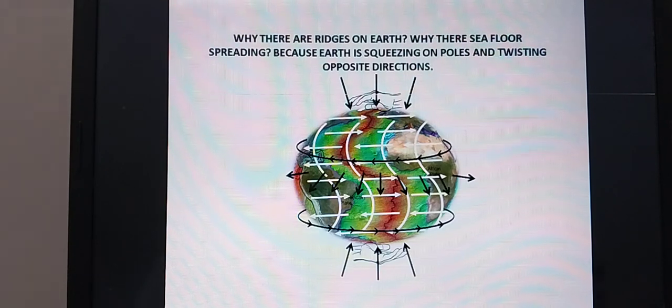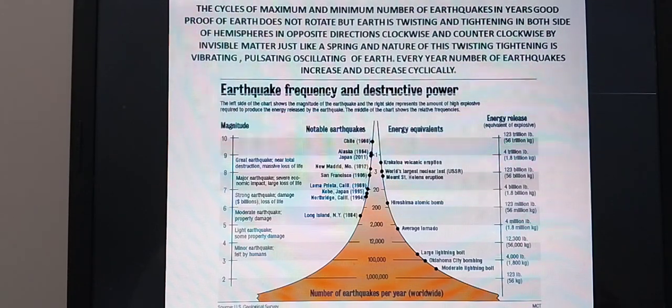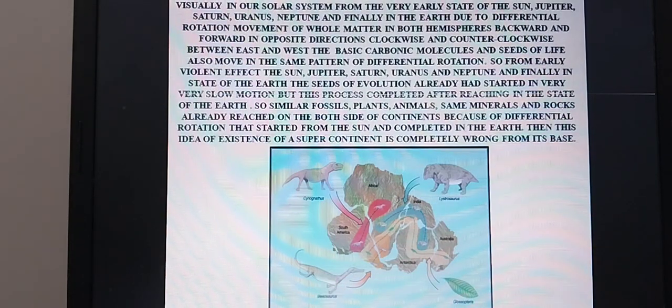You note also the inner core and outer core. So the region of earthquakes is actually the twisting and tightening of the entire system.